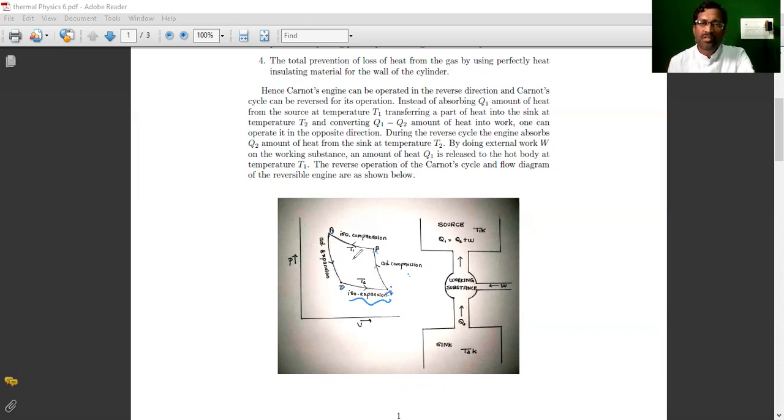So the process is reversed, and this reverse operation of the Carnot cycle is given by this PV diagram.